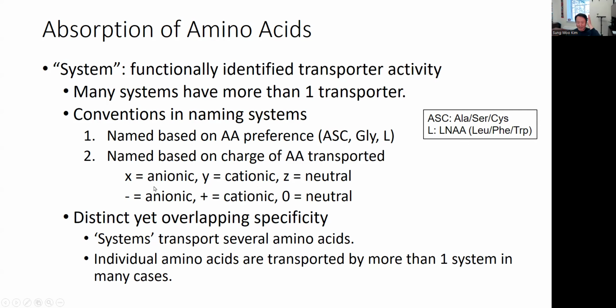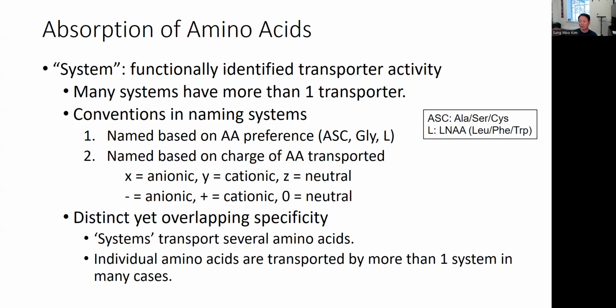So it is a little complicated because there are so many systems, but some of these examples may help you find out what amino acid will be absorbed or transported by a particular system. There are many different systems, but they have some overlapping specificity.